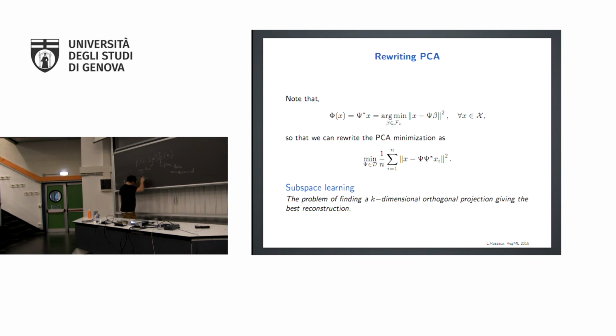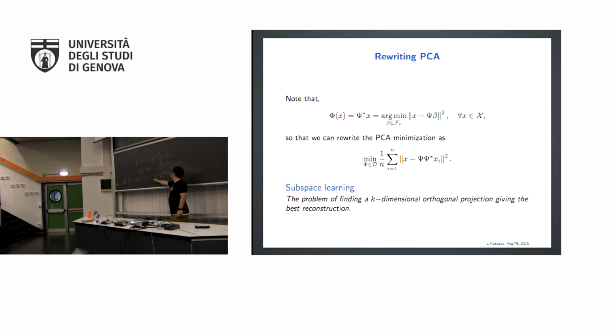And what is this? This is what gives you the representation. Fix the dictionary, find the beta. Well, let's find the beta. The beta is equal to, psi transpose psi beta equals psi transpose x.